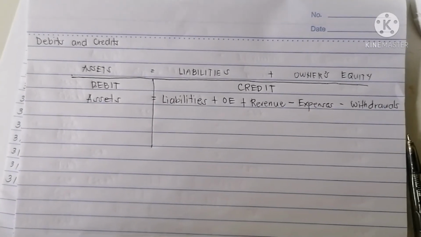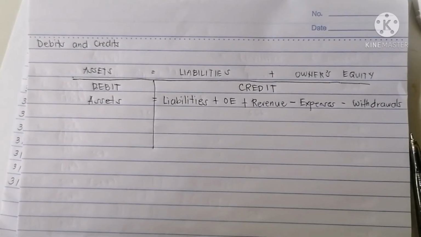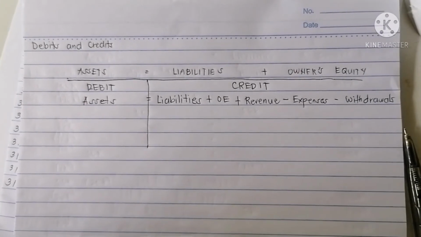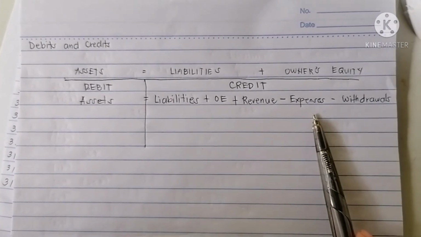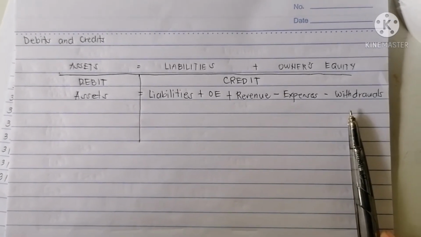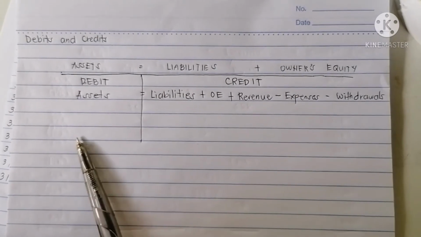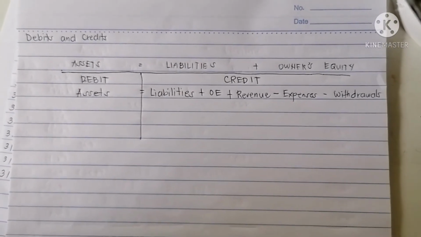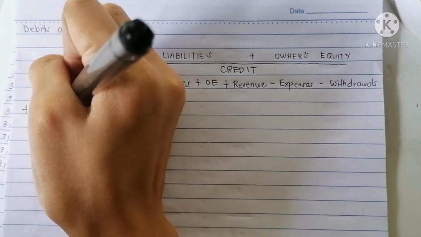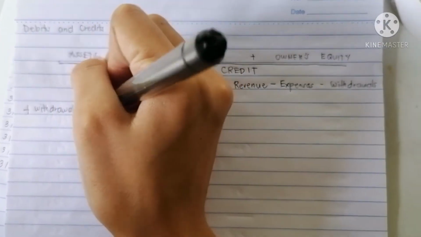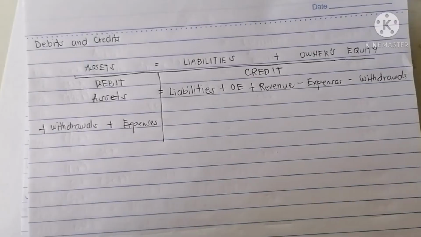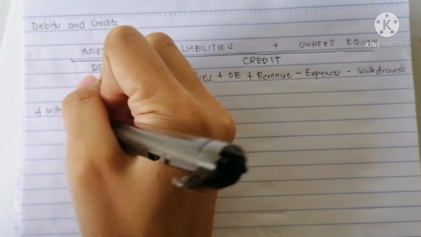For mastering the debits and credits, the expanded basic accounting model with different signs is inconvenient. So for the sake of easier mastering, we will transpose the expenses and withdrawals. Since expenses and withdrawals have negative signs, if we transpose them to the left side, they will become positive. Also we will put the assets.